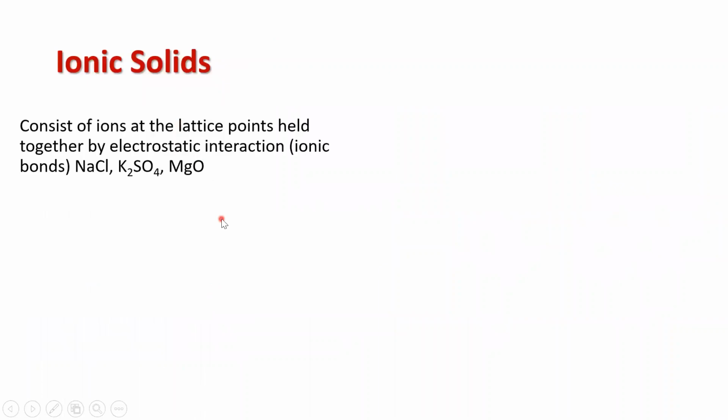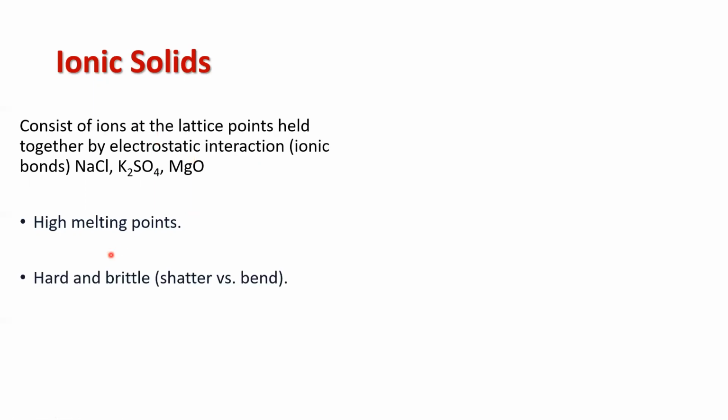So let's look at ionic solids in a little more detail. We're looking at ions in the lattice points, and they're held together by electrostatic interactions. Essentially that means the positive ions are attracted to the negative ions. Ionic solids are classified as having high melting points.